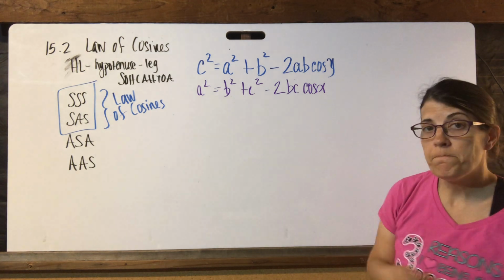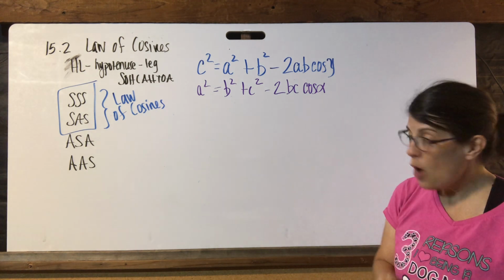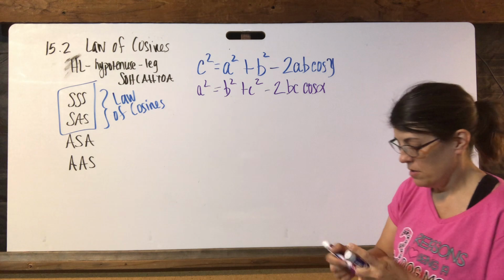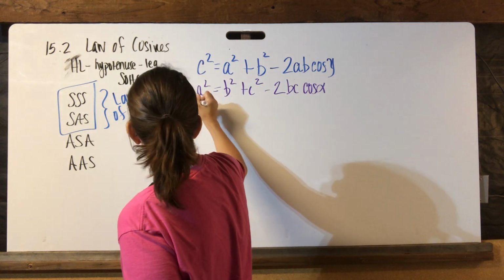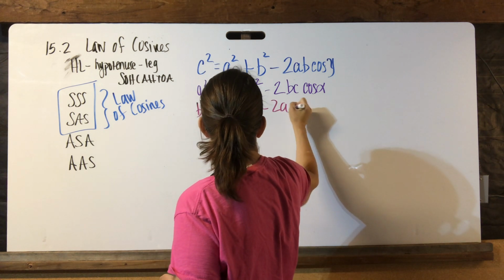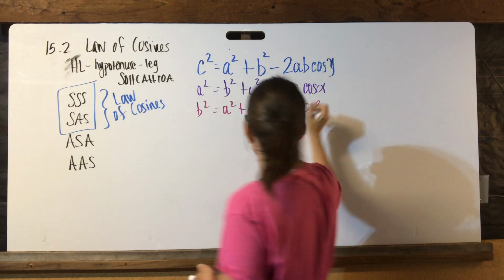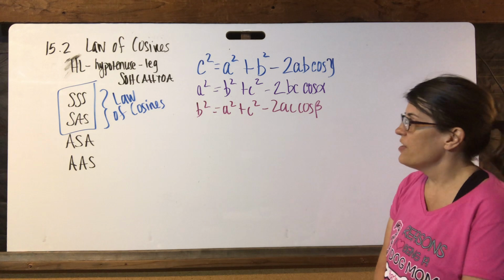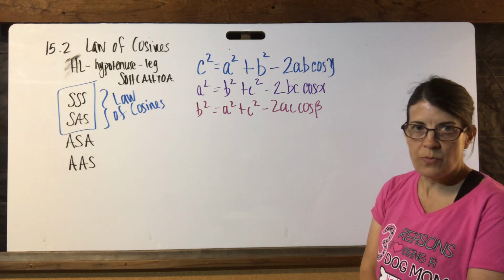All right, and then push pause, do the 3rd variation. And that is b squared equals a squared minus 2ac cosine beta. These are the 3 variations, okay? All you really need to know is one of them.